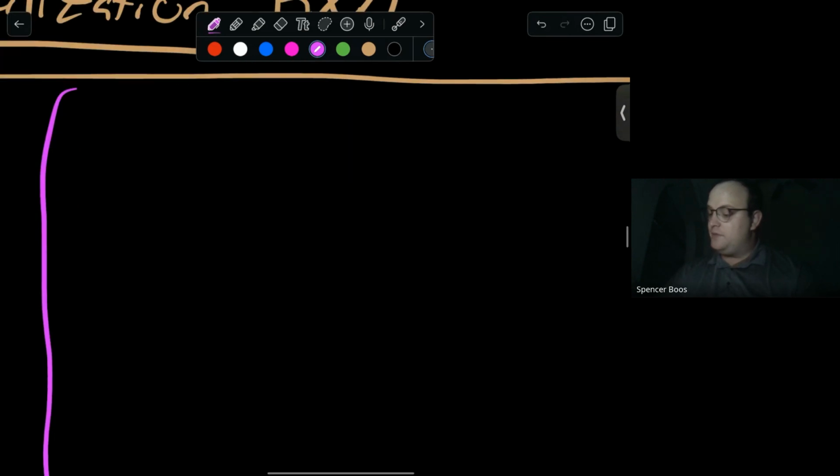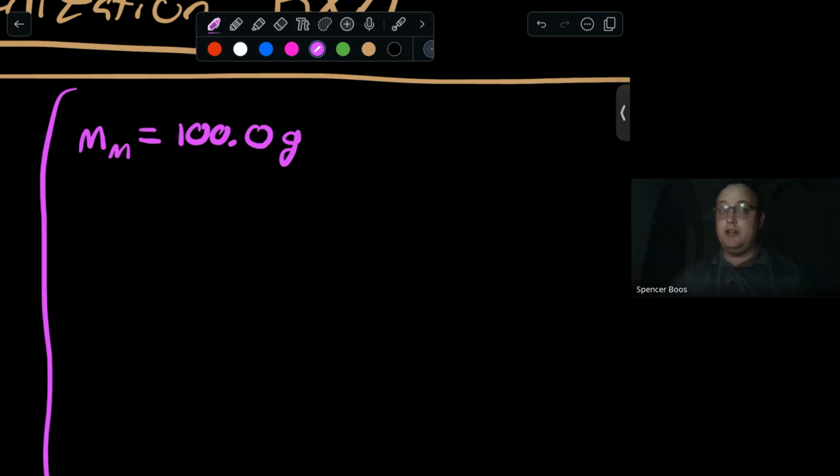Let's say the mass of our metal is equal to 100 grams, and the mass of the water is equal to 42.0 grams.